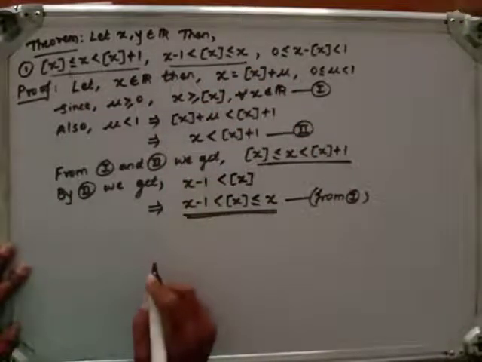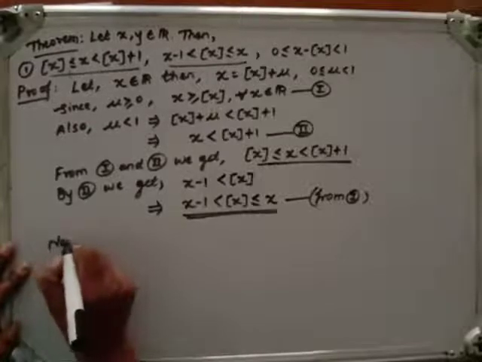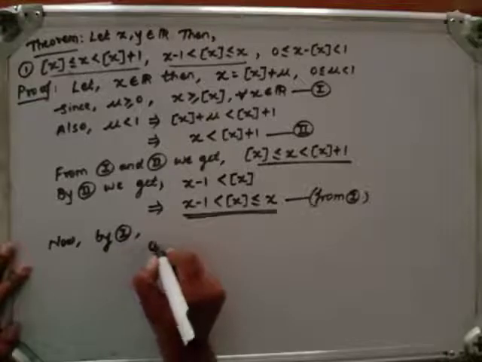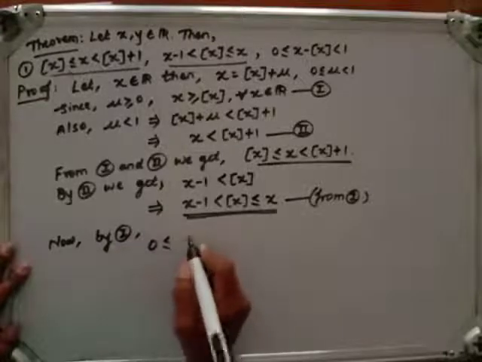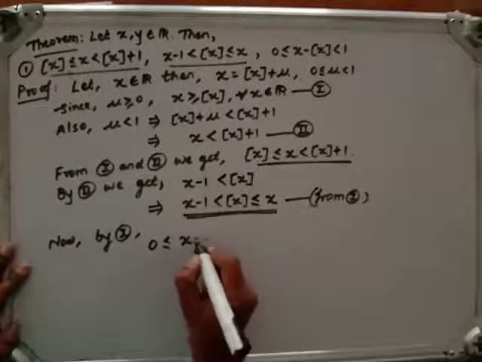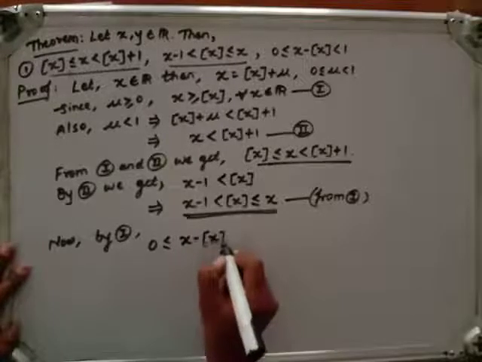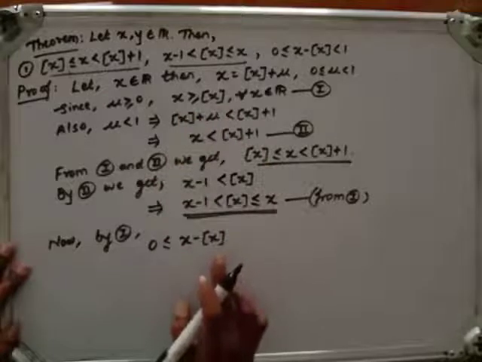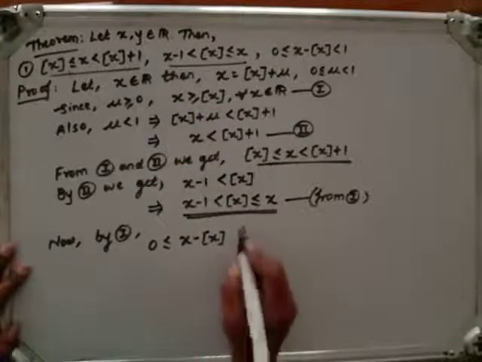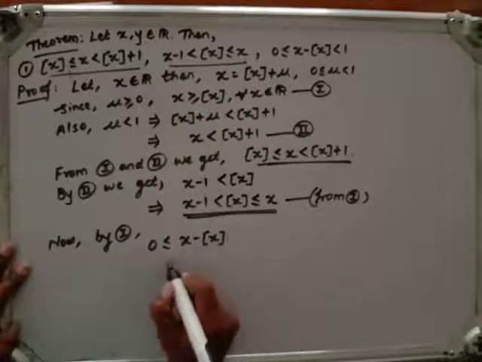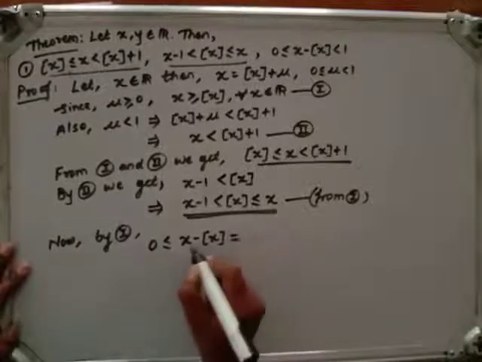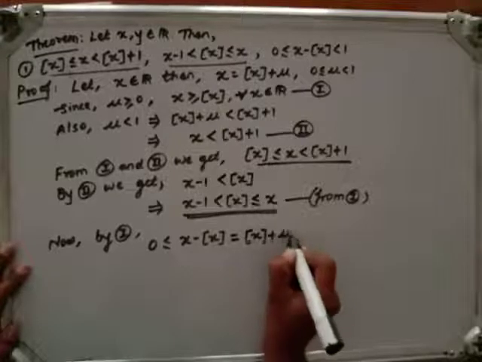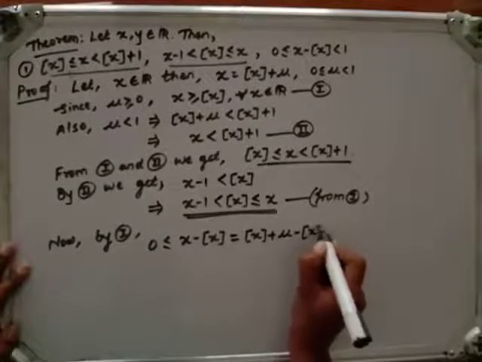Now by 1, 0 is less than or equal to x minus the greatest integer function. If we subtract the greatest integer function, we get this part. But what is this? What is x? x is the greatest integer function plus mu minus the greatest integer function.